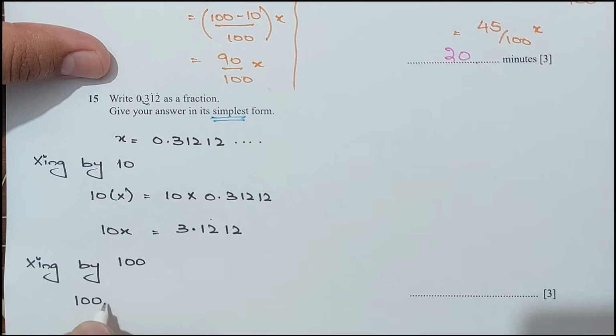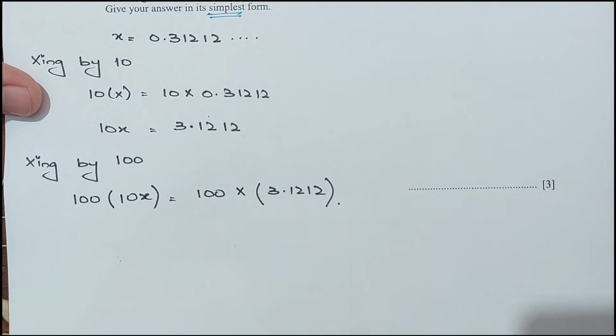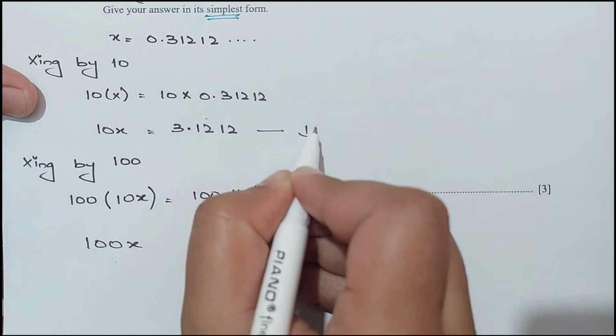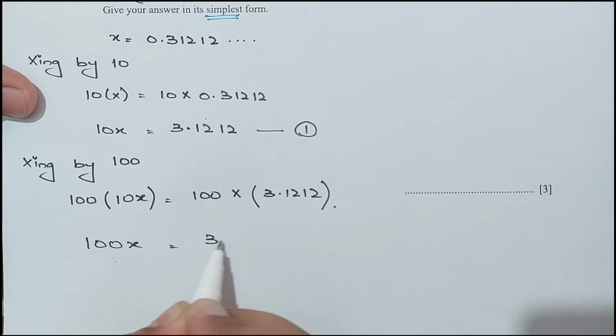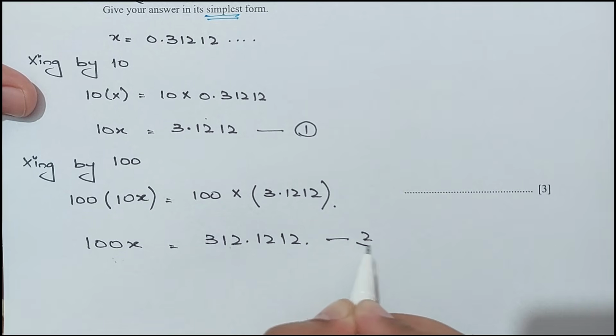So 100 times 10x, this equation is multiplying 100 times 3.1212. 100 times 10 would be 1000x. This is my equation 1. And this would be 312.1212. This is my second equation.